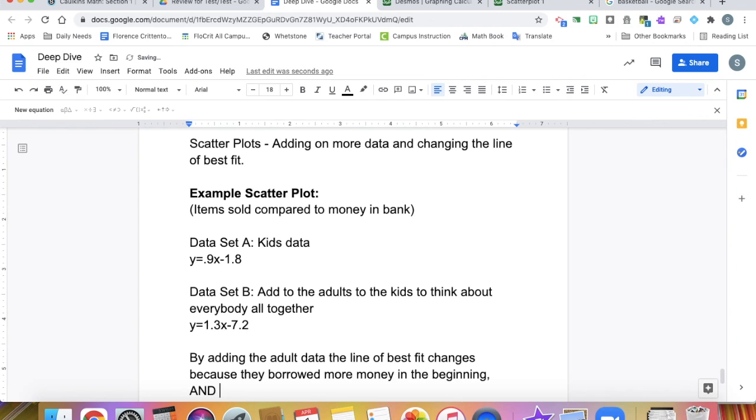And what happens with the slope, when it's the kids, they're only making 90 cents for every item they're selling on average. However, with the adults added in, it's more than that. It now becomes about $1.30 for each thing they sell. So they are making more money for each item they sell.